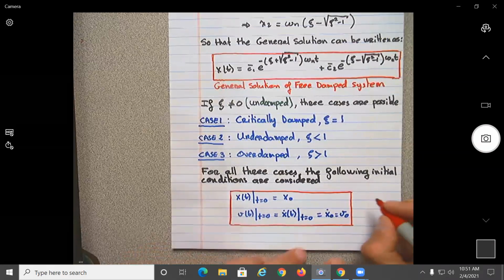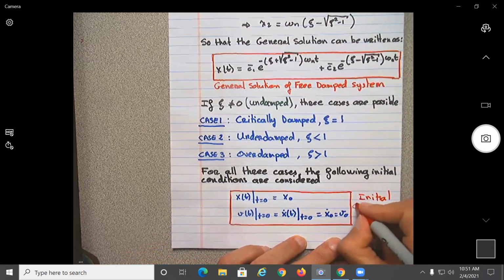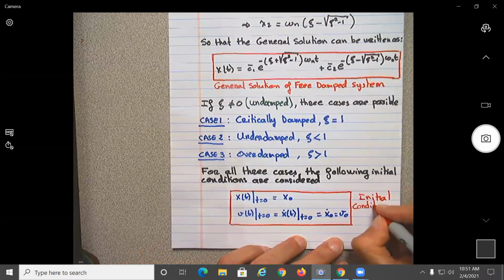So these will be our initial conditions.